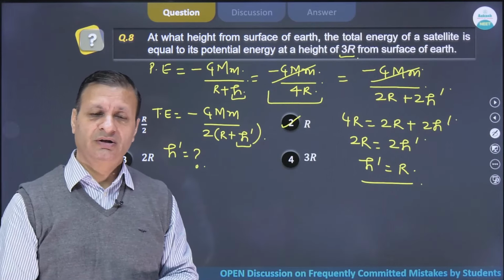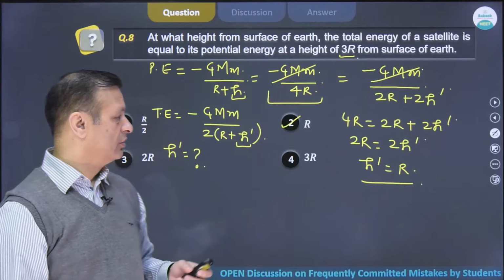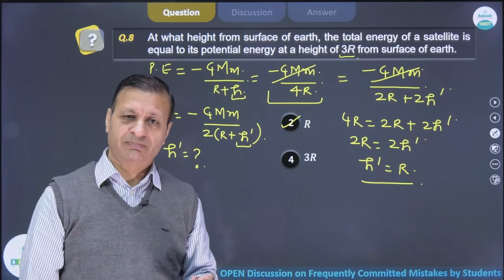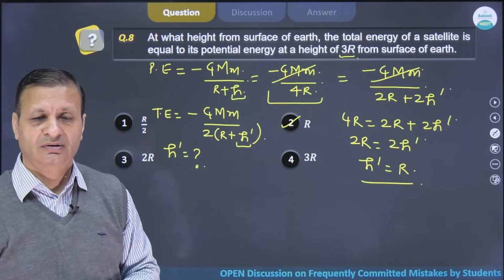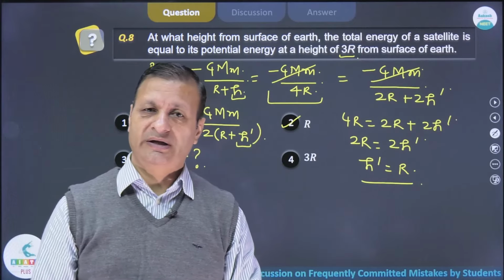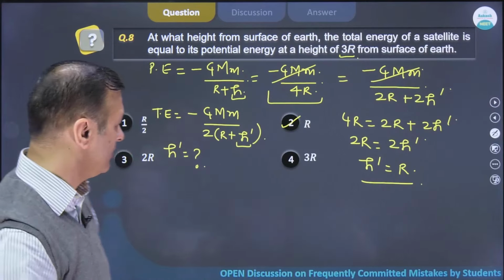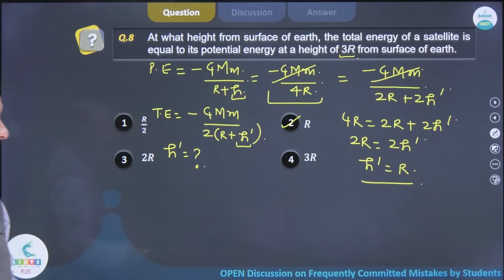If still not, then I must suggest you make a list of all the important formulas across all the chapters from the syllabus of your 11th, 12th and whatever syllabus is there for your NEET exam. If you have the formula chart, you can solve most of the questions which are straightforward and easy to solve.